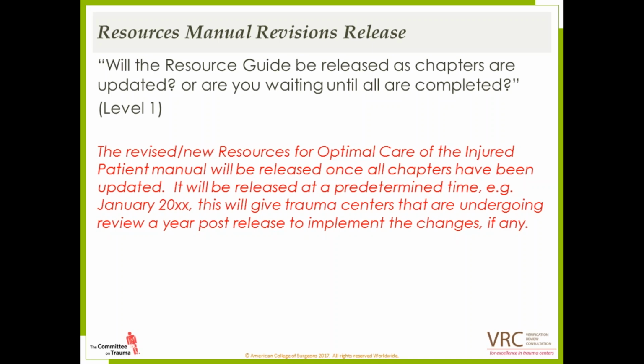Right now, it may be, I don't know, January 2020, 2021, 22. We're going to give trauma centers a year, for those that are pending a review the following year post-release of the book, just to implement those changes if there are any that they need to implement.